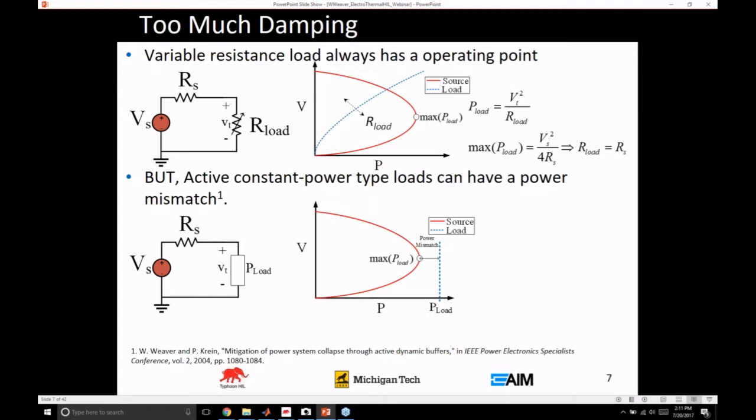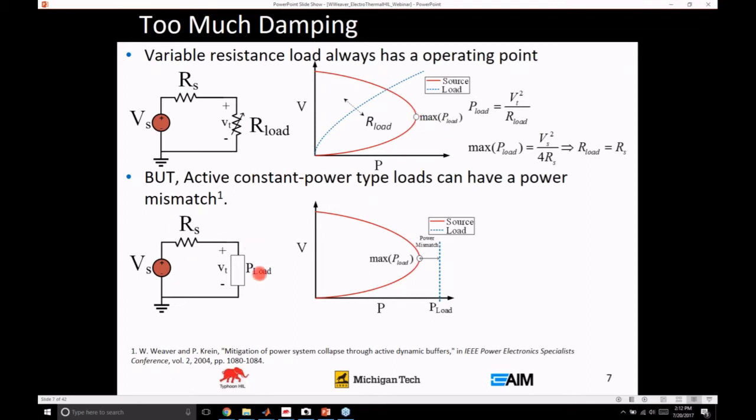So, for instance, looking back at a very simple RC or voltage resistive network, on the top one here, if that resistive load is just a pure resistive variable resistor, and then the source impedance is the parabola, there's always an operating point. That resistive load line is always going to intersect the red line and give an operating point. Now, we may not be able to get the power, so the maximum power is going to be at the nose of that power curve, but there is always going to be some operating point.